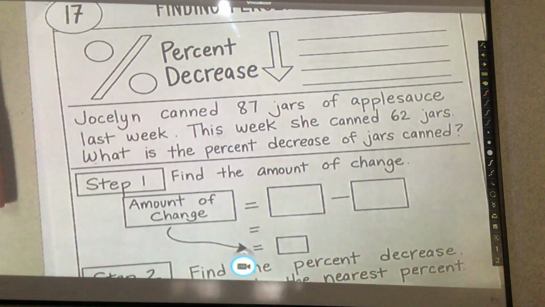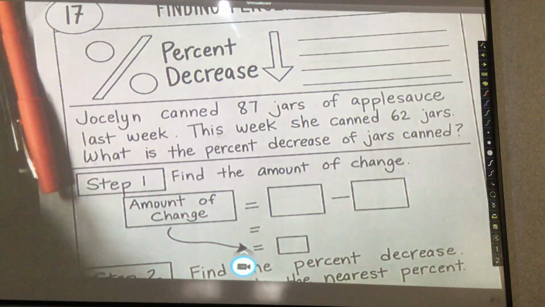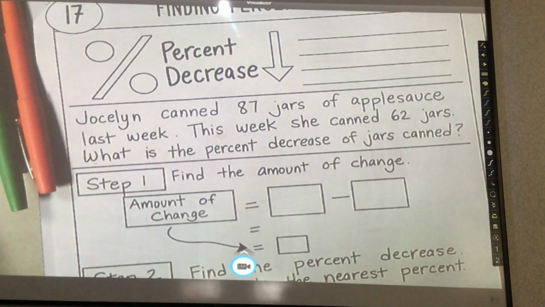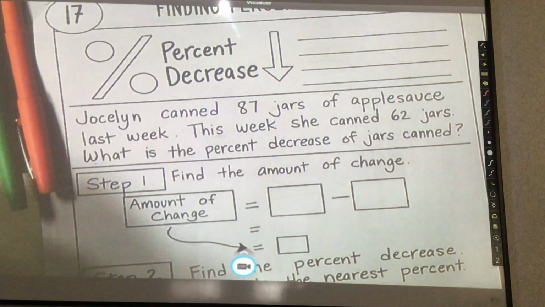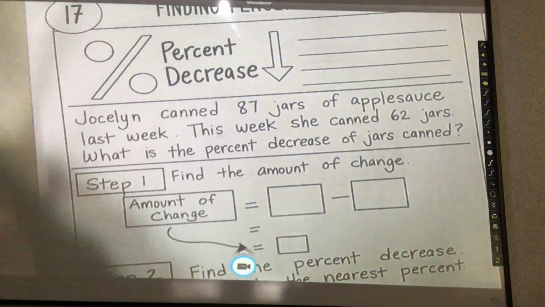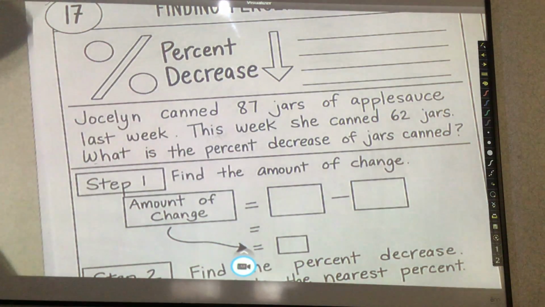Go ahead and turn the page for 17, which is the percent decrease. You basically do it the same way.